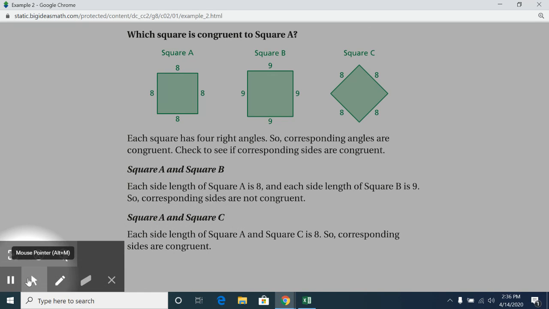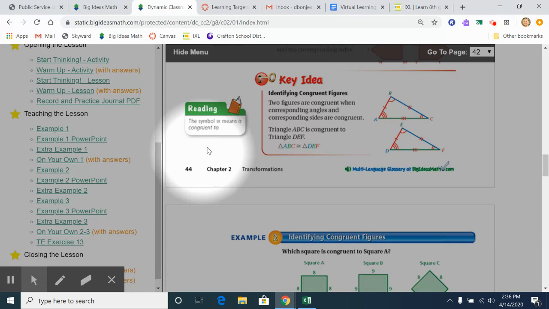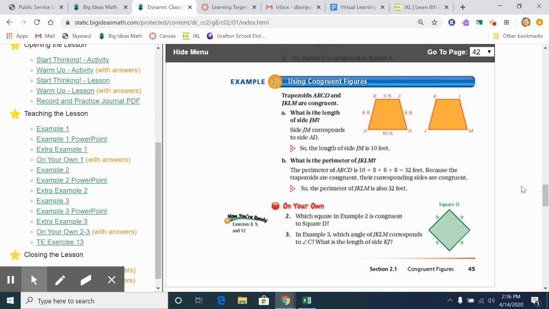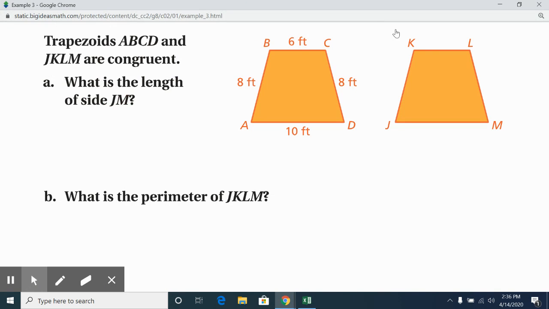Pretty simple stuff. One last thing is now using congruent figures. So real quick, if we know that these trapezoids are congruent, we can find the length of side JM.